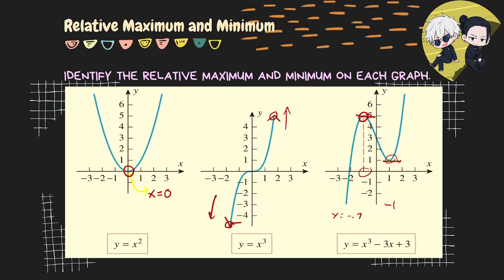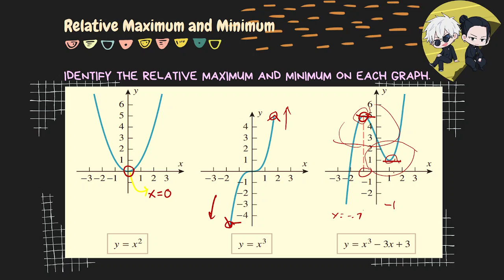But remember our definition of relative minimum and maximum: it does not mean that it is the largest and smallest in the whole function. That doesn't necessarily mean it is the largest or smallest in the entire function. It just means that here, it is the largest relative to its neighborhood, and here, it is the smallest relative to its neighborhood.